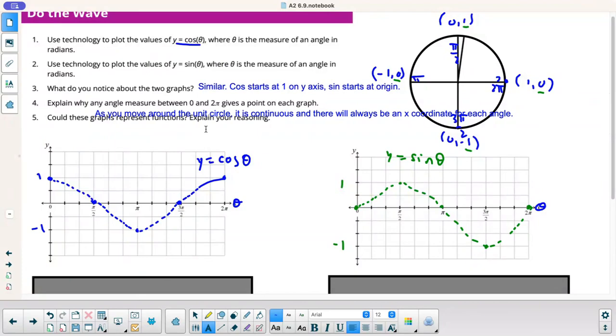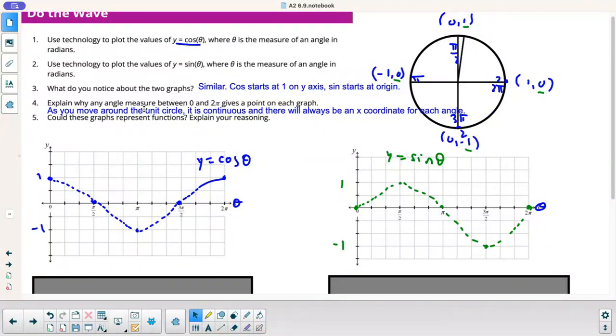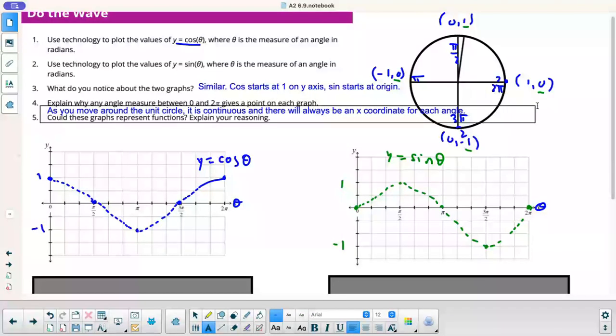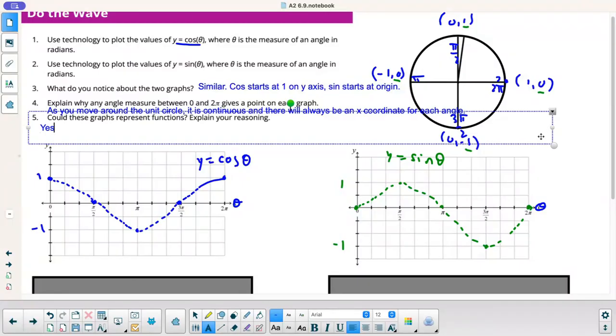Move that here so you can read that a little bit better. And then 5, could you use these graphs to represent functions? Explain your reasoning. So a function, each input has to have one output. So I would say, yes, each input will give us exactly one output.